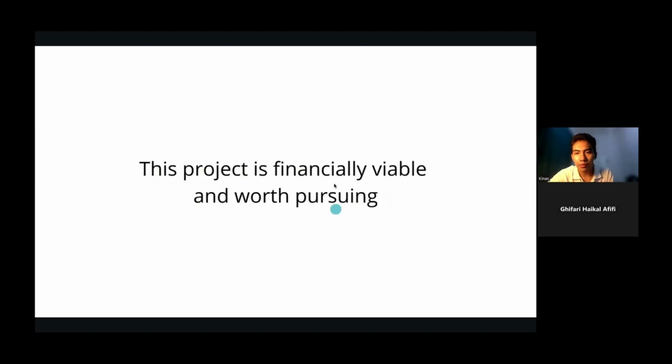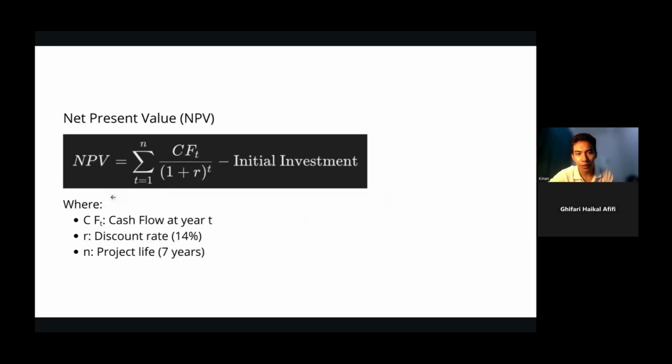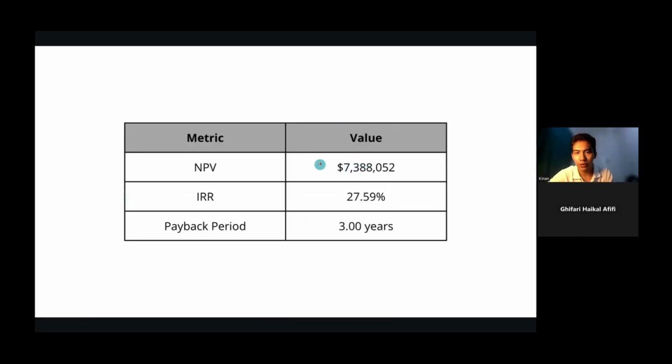So the summary is that the project is financially viable and worth pursuing because it's profitable. The NPV shows a positive number. The IRR is above our minimum of 14%, and we got 27.59%, which is a good project.